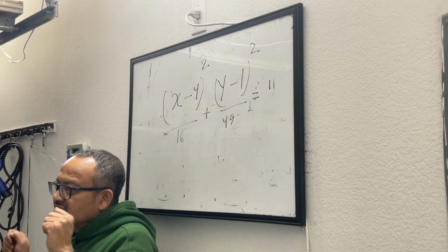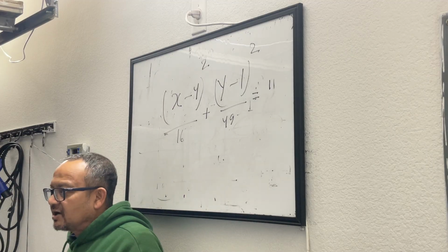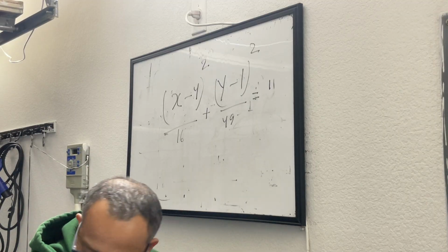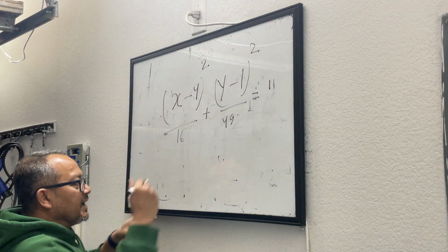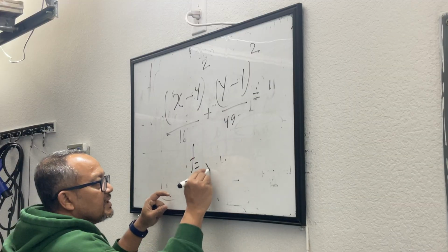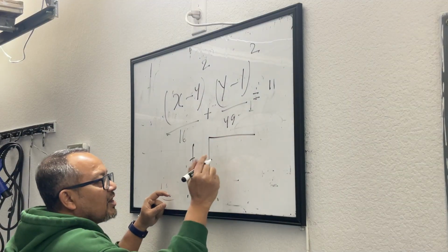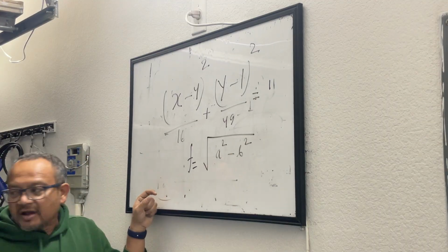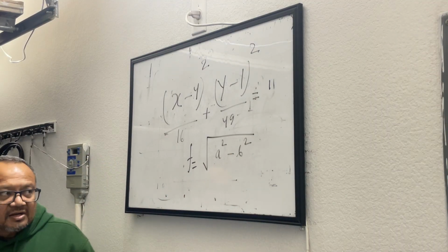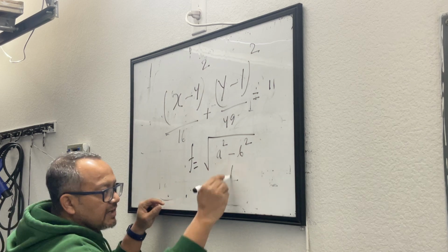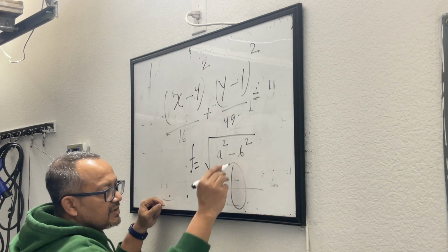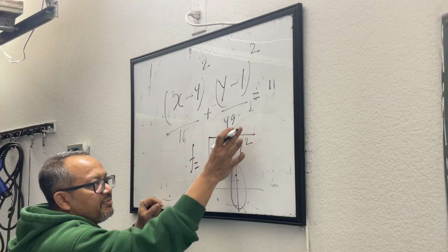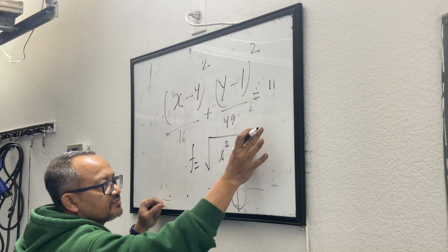Whether the major axis is along a or b doesn't matter. You will find your foci as the square root of the major radius squared minus the minor radius squared. So if your ellipse is like this, then this equation will change to b squared minus a squared.